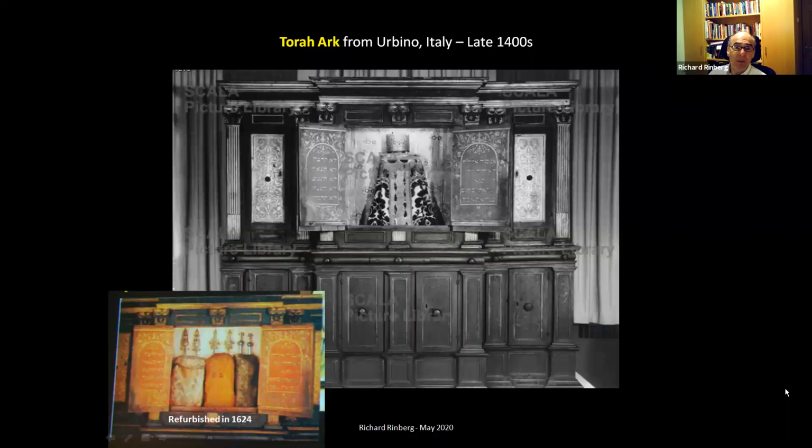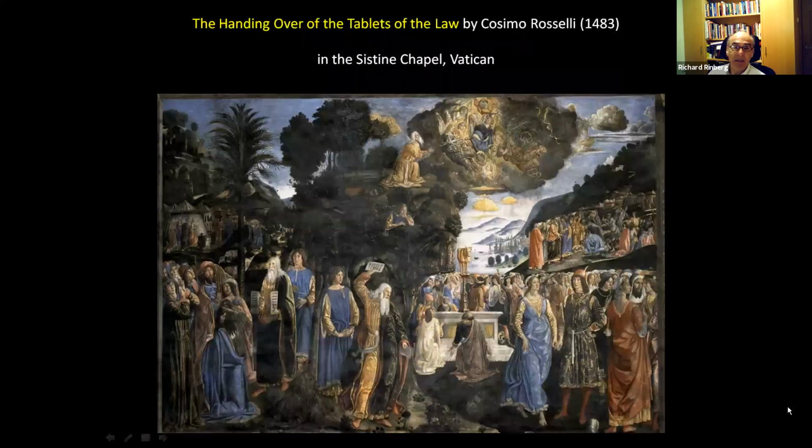Of course, if you open it up and you then see the Sefer Torah beautifully dressed with these luchot on the interior of the door, you then assume that this is late 1400s. The trouble is this was actually refurbished in 1624. So what you're seeing here is really a later edition, but the Torah Ark as the wooden part of it and the outside and the look is absolutely authentic.